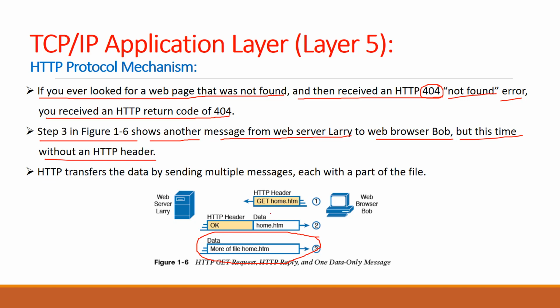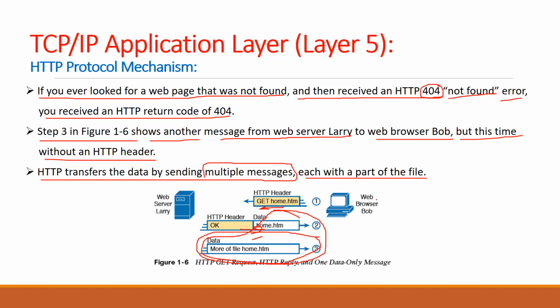Headers come before sending the data. This is the request, this is the reply, and then the data. So HTTP transfers the data by sending multiple messages in case the file is large, each with a part of the file. This is how HTTP works.